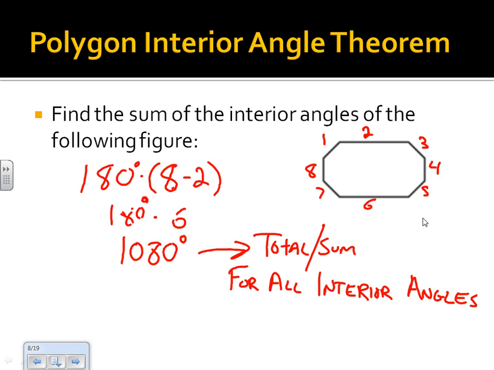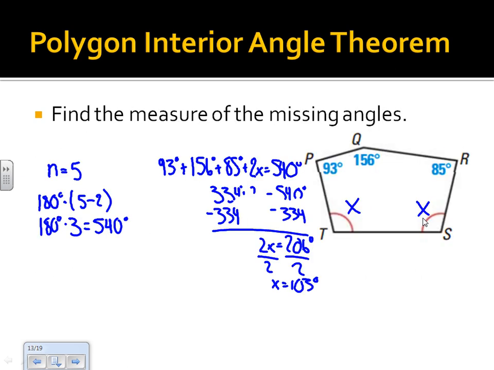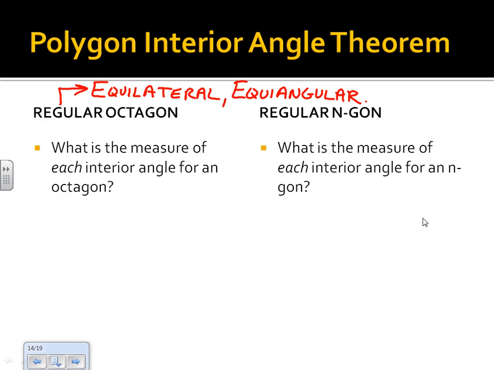For example, that was an octagon, right? But this is not regular. You see how side 6 is much longer than side 4? So it's not regular. A stop sign, however, would be regular because all the sides are equal. And it has to be the angles, too. So what is the measure of each interior angle for an octagon?